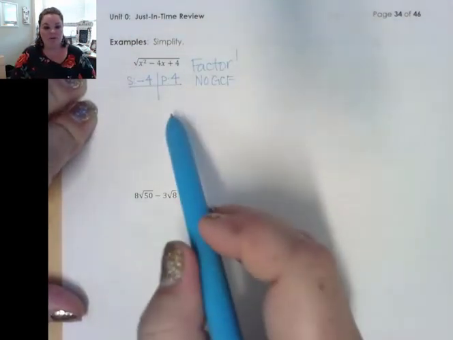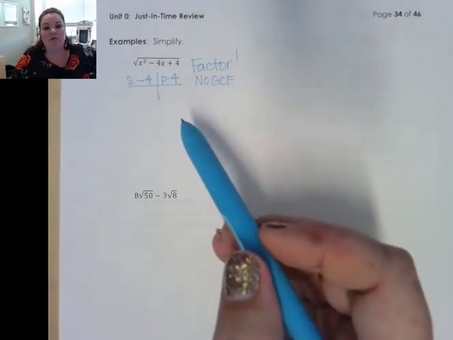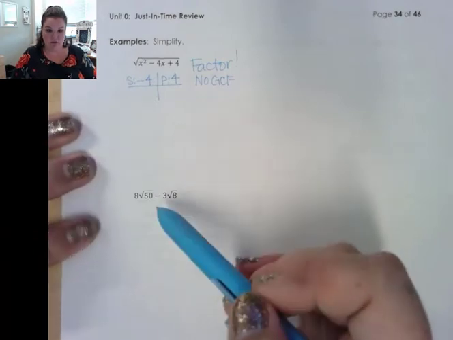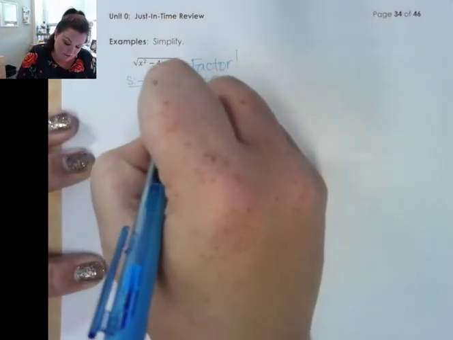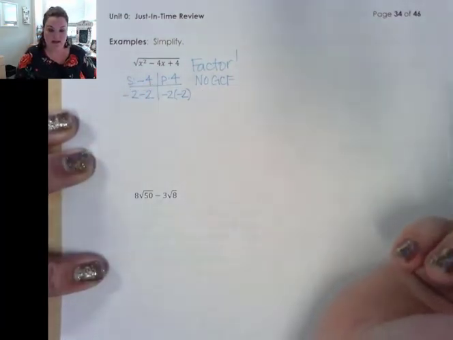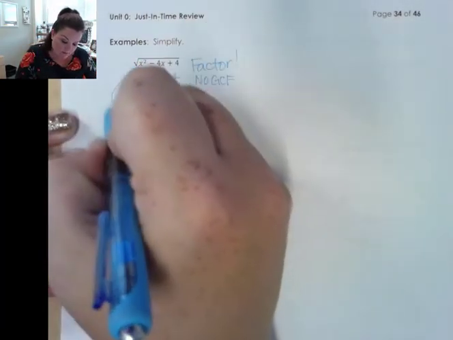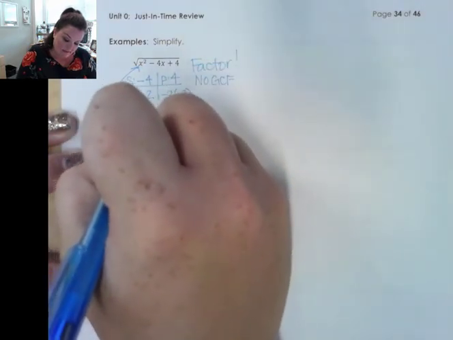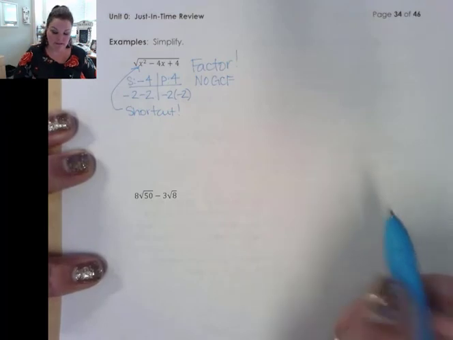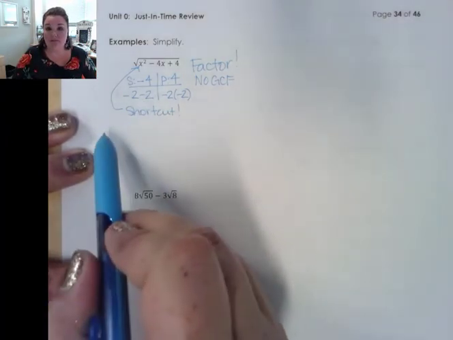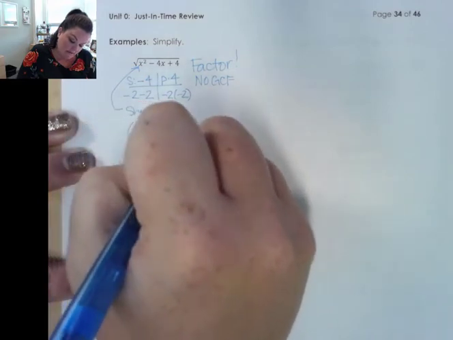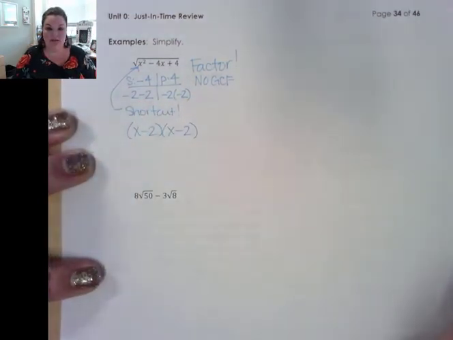So I need something that multiplies to give me +4 that can combine to give me -4, which would have to be -2 and -2, right? Or -2 minus 2. And then because our leading coefficient is a 1, that tells me that I can use the shortcut. Yay, right? So the shortcut says the numbers in my chart are going to be the numbers in my factored quantities. So this is going to factor into the quantity x minus 2 times x minus 2.